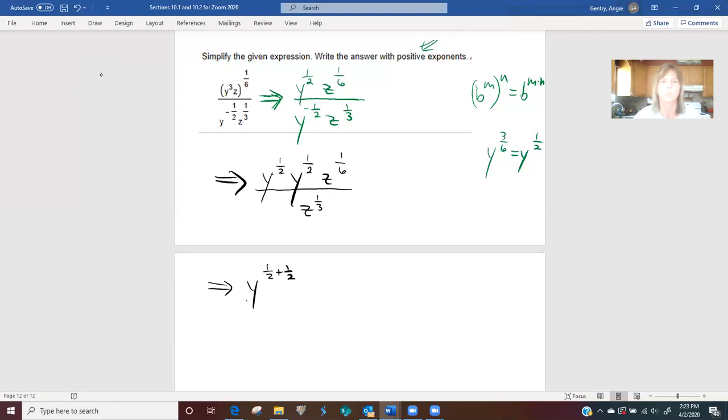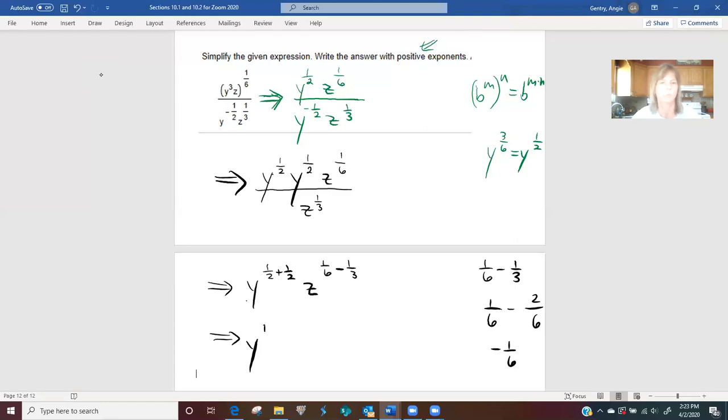And then z to the, if you're dividing, you have 1/6 minus a third. And then we're going to just combine, 1/2 and a half is 1, so it's just y. 1/6 minus a third, so I do that off to the side. Basic math, 3 times 2, 1 times 2, right? Oh no, what happened? We got a negative 1/6.